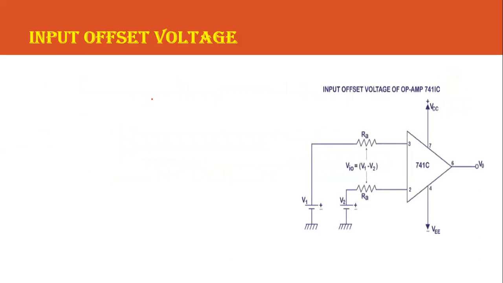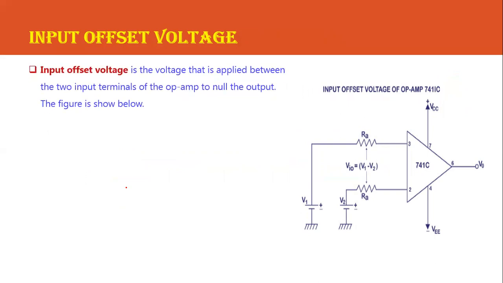Next, we are going for performance parameters of IC741. Here, the performance parameters we have to discuss are characteristic values like input offset voltage. Input offset voltage is a voltage applied between the two input terminals of the op-amp to null the output. That means you will be having some output offset voltage, say 50 millivolts.